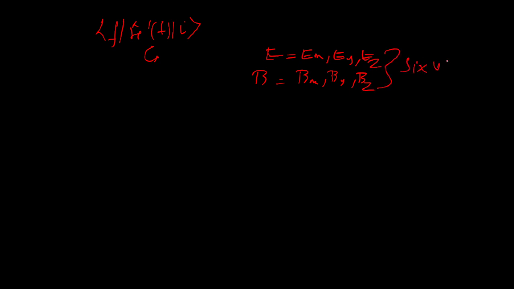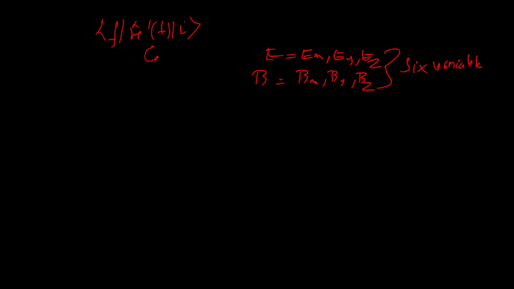Both are fields. The electric field can have 3 components. Similarly, the magnetic part also has 3 components. So in total 6 variables.